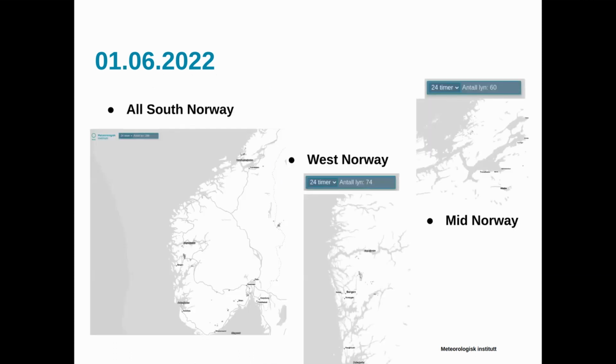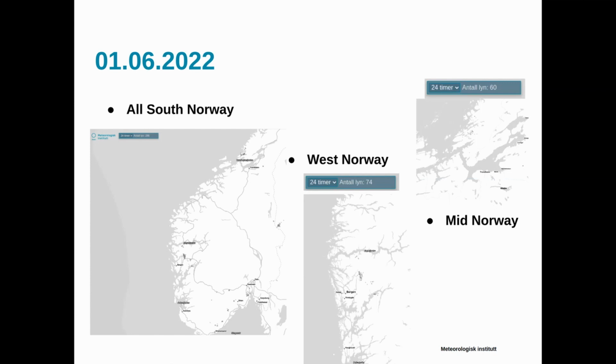And if we see afterwards what happened, we usually use this internal site as I mentioned before. You can see on the left all southern Norway, the lightning strikes, so around 300 lightning strikes in this situation.